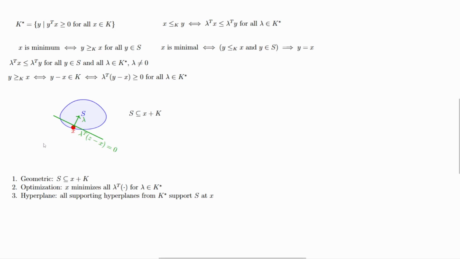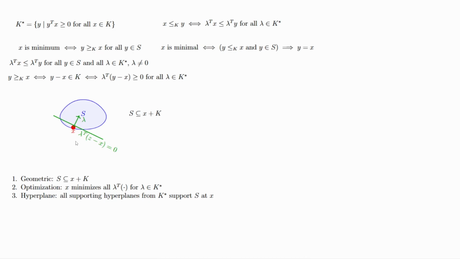So that means that X must be on the bottom left of the set. And then the second way is an optimization perspective, which is that X minimizes all linear functions of X for lambdas in the dual cone. Lastly, we have the hyperplane interpretation, which is that all supporting hyperplanes from K star support S at X.